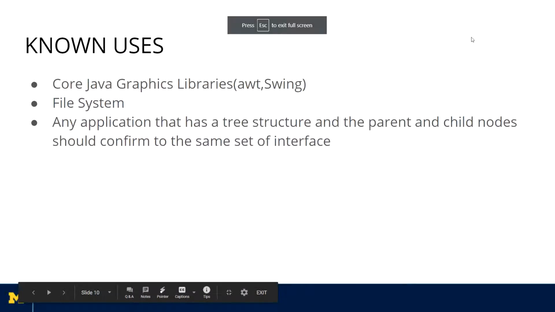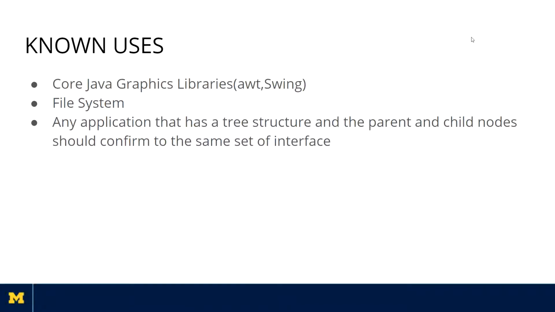Known uses of this design pattern are the Java graphics libraries called Swing or AWT. These libraries basically follow the composite pattern. The components, for example a text box or a combo box, are considered leaves, and when grouped together they form a large composite object.